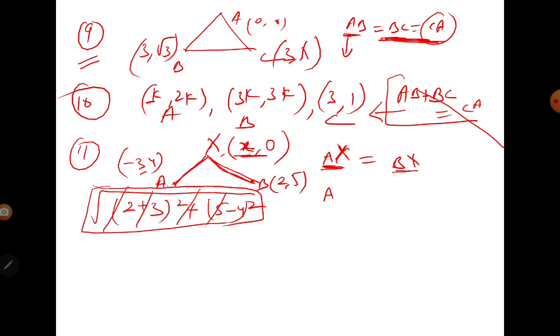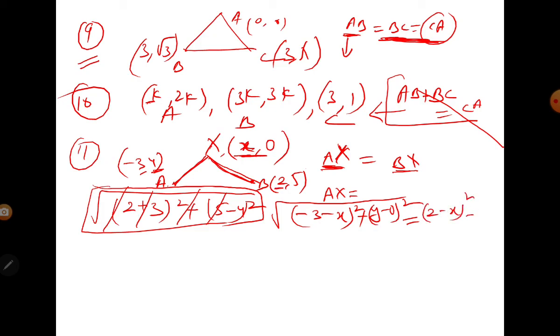Again we'll apply this: ax is the square root of (-3 minus x) whole square plus (y minus 0) whole square, which will be equal to bx. Bx is the square root of (2 minus x) whole square plus (5 minus 0) whole square.